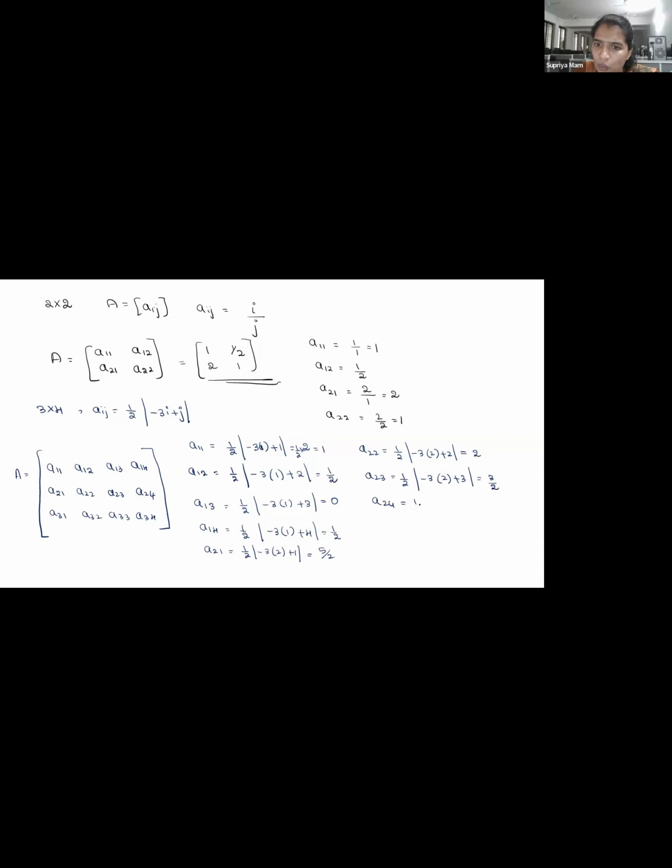A24 is 1/2 mod of minus 3 into 2 plus 4. Simplify: minus 6 plus 4 is minus 2. Mod of minus 2 is 2. 2 and half, the product is 1.